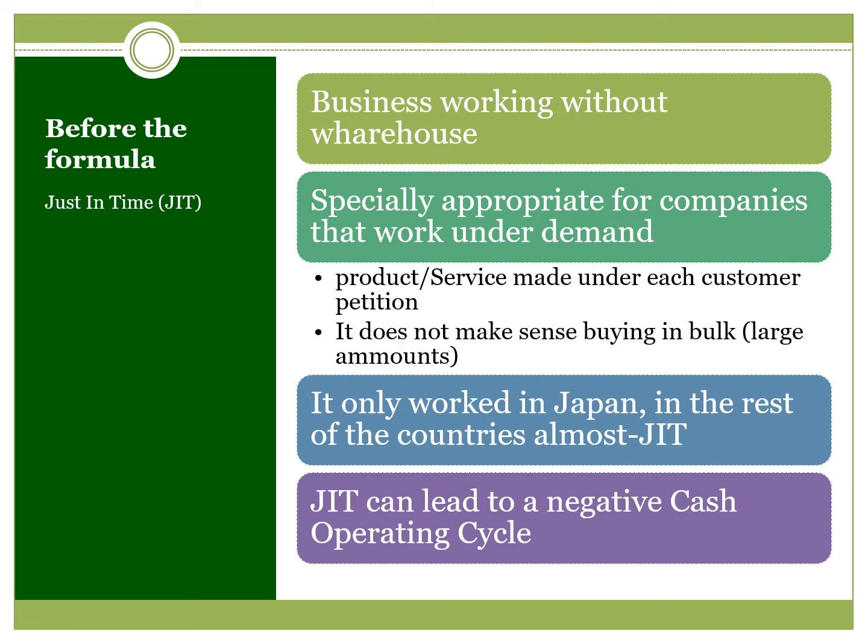In Spain, for example, we're doing better with deliveries and the punctuality of the deliveries, but culturally it's very complicated for us keeping this kind of system. The just-in-time can lead to a negative cash operating cycle, and we will see this effect a little bit later.